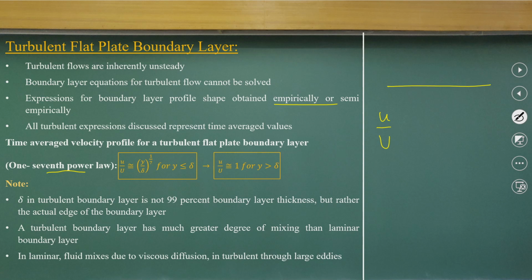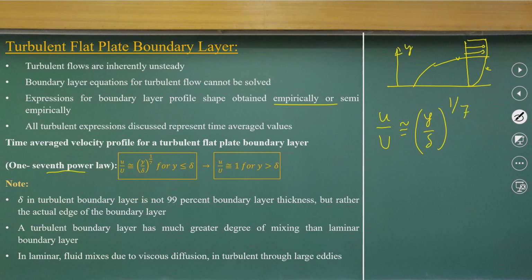Again, I am just sketching it. You have the velocity distribution for the turbulent flow along the y direction, which follows approximately the 1/7 power law. Just look at it non-dimensionally.